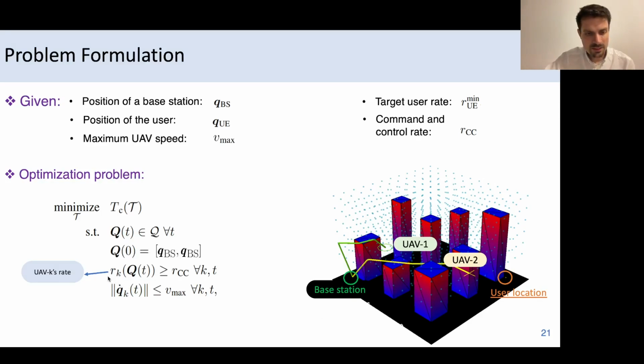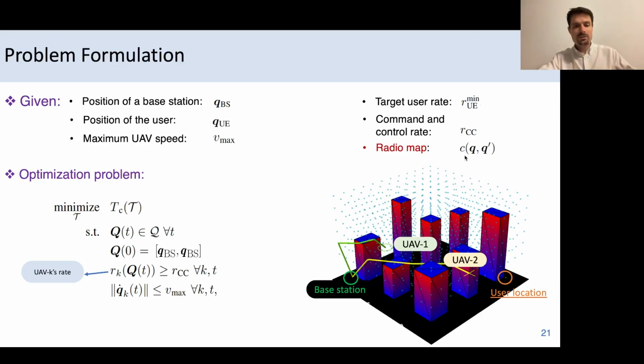And the rate that the UAVs receive should always be at least RCC, right? This constraint should never be violated. The user may receive a rate smaller than the target user rate, but all UAVs should at all times receive at least the command and control rate. And the speed should be less than or equal to this maximum UAV speed.